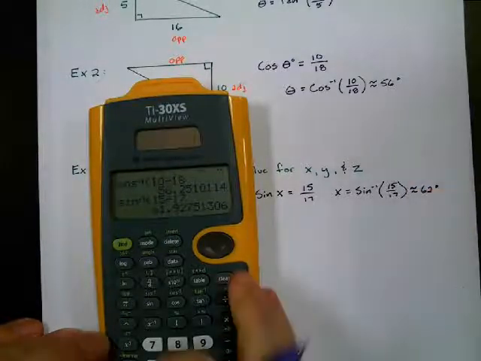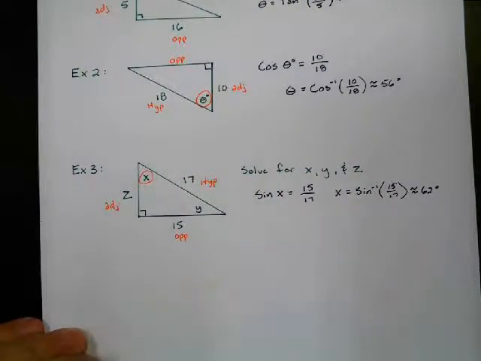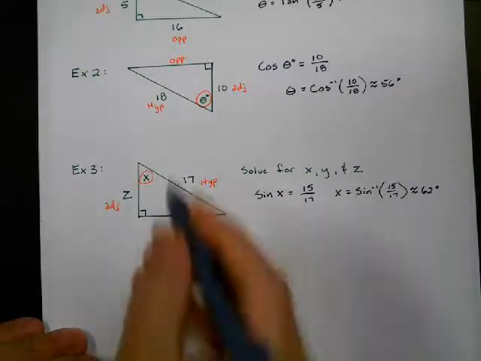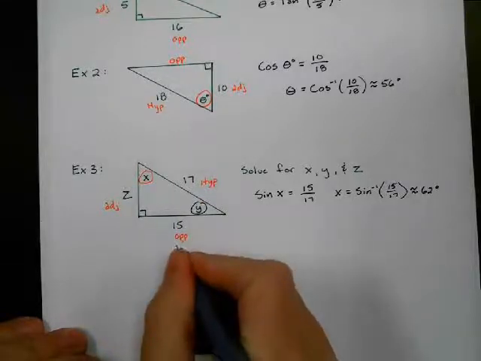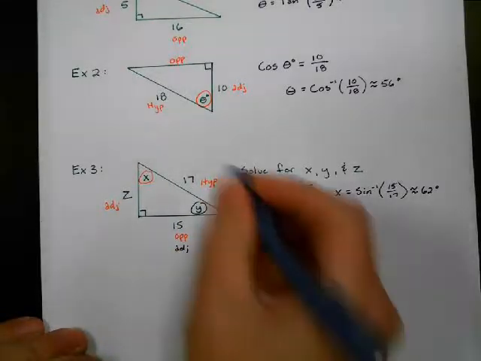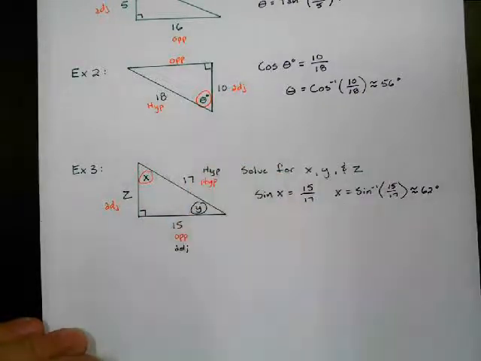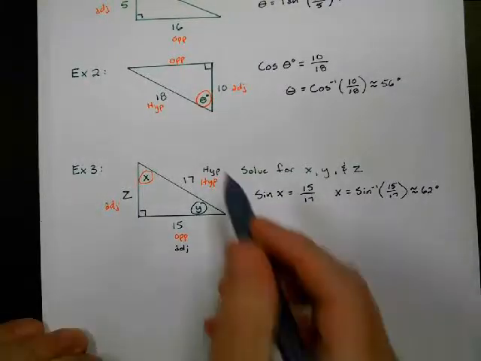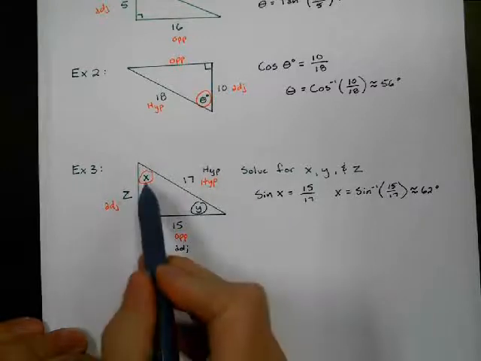All right, if I wanted to find y now, well, now this one is the adjacent, and this one is the hypotenuse. But let's stop and think about it. Do we really need to do that? Because at this point, I know that this is 62 degrees. And what did we say about these two angles before?